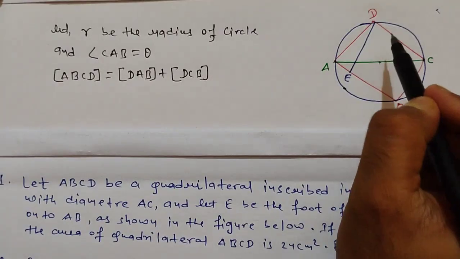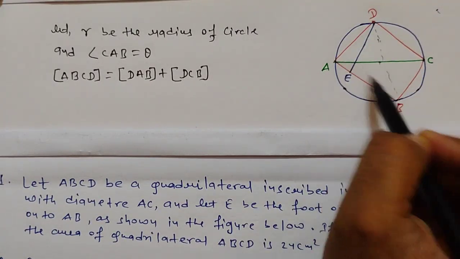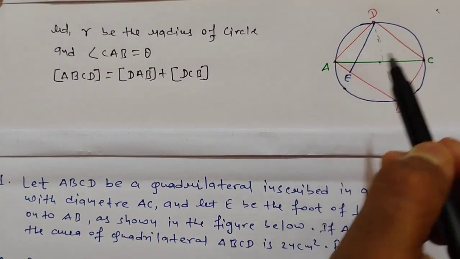If we use this, then DAB and DCB together will form the area of ABCD.